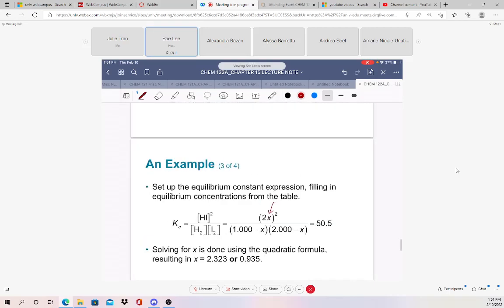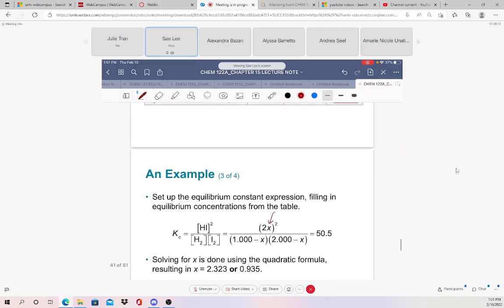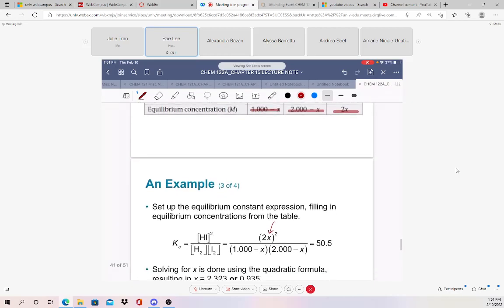Here I basically substitute 2x for the equilibrium concentration of product, 1 minus x for the equilibrium concentration of hydrogen, and 2 minus x for the equilibrium concentration of iodine.